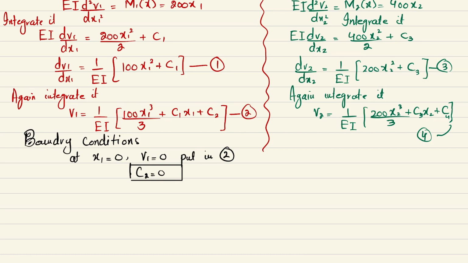Another boundary condition is that at x2 is equal to 0, we have v2 is equal to 0, and you have to put it in equation 4. Why equation 4? Because equation 4 is about v2, which is the deflection at point 2 due to the x2 coordinate.